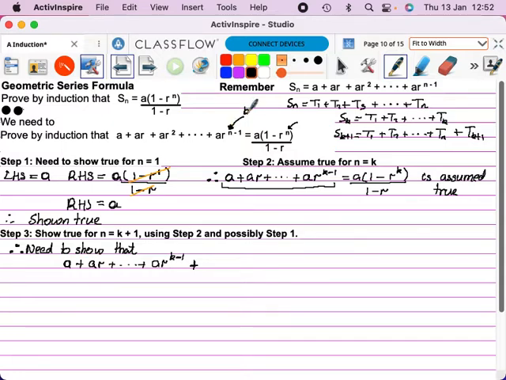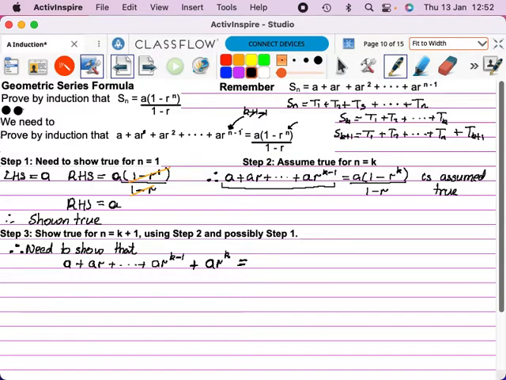So if we replace the n with a k plus 1 and then take off 1, then we're going to end up with AR to the power of k. Now we could have also spotted that from the fact that each time you go an extra term, the power goes up 1. There's lots of different ways of doing it. So that's the left-hand side tidied up.